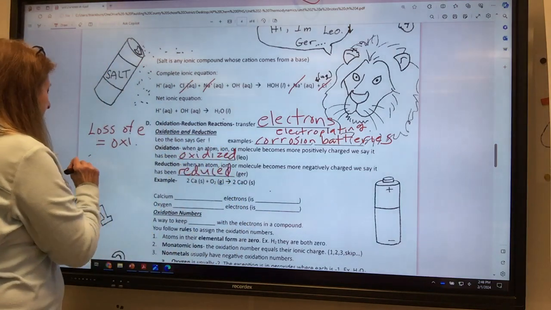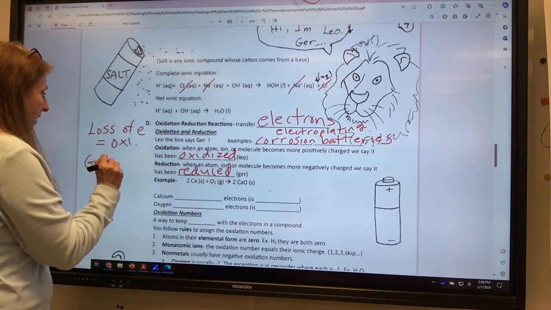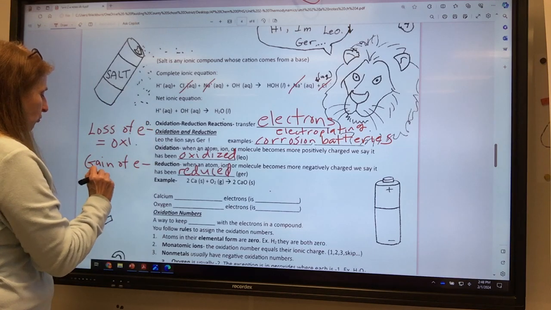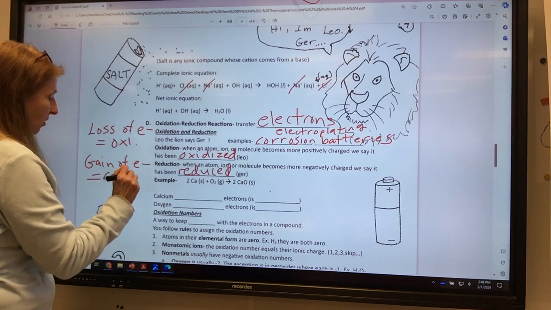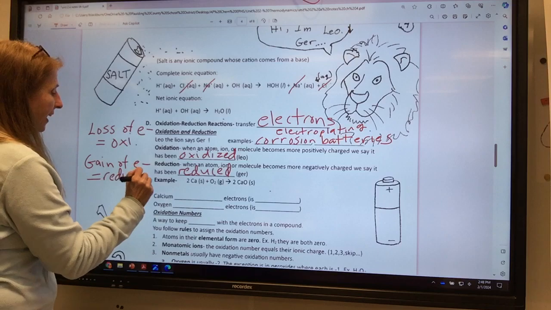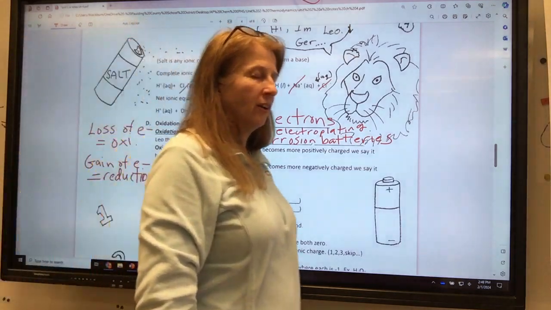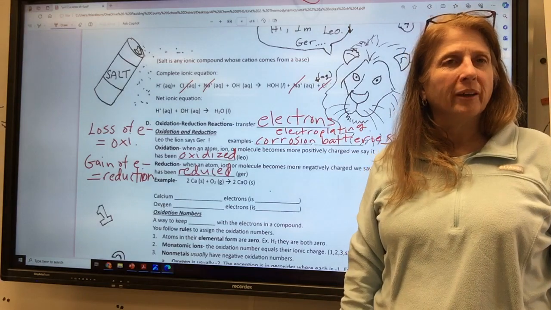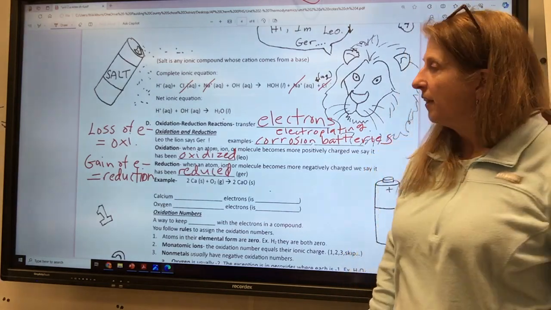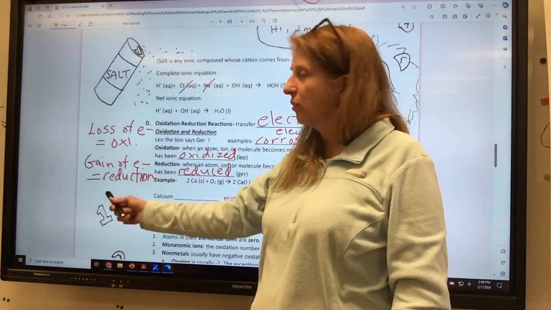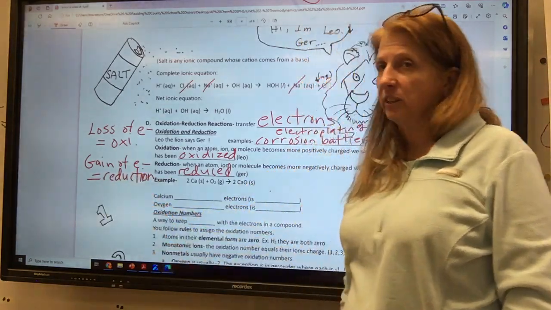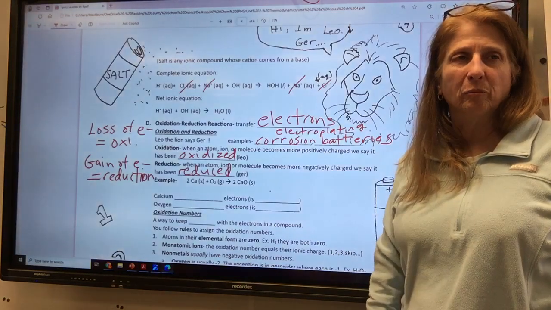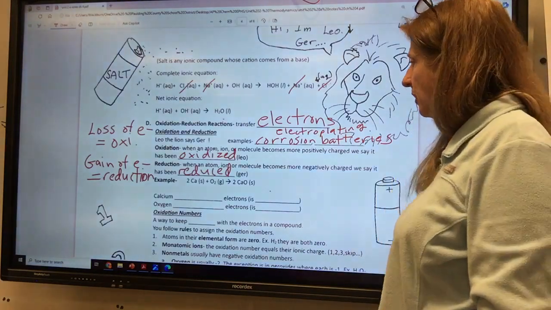So the gain of electrons equals reduction. And that's all confusing, because if I gain fat, I am not on a reduction diet, am I? But I am not an atom gaining and losing electrons either. So just remember, the gain of electrons, GER, is reduction. This has been around longer than chemistry. We have been concerned about rust.